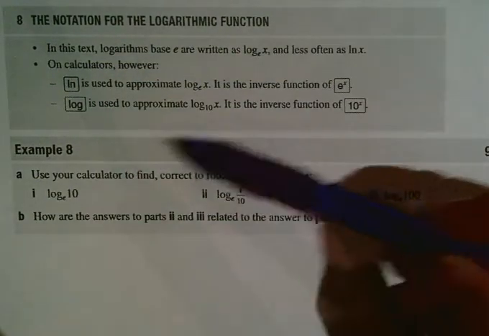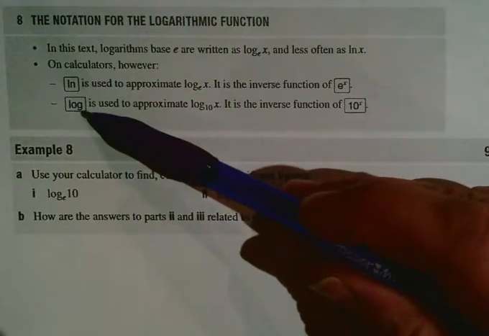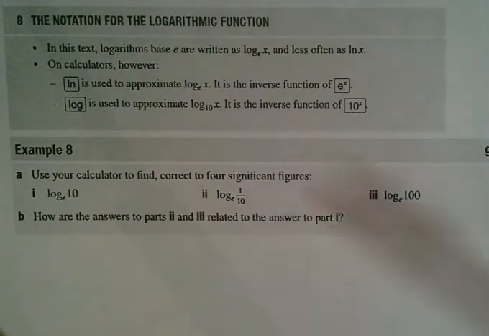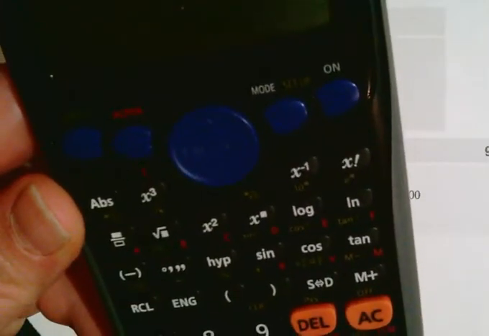Now if you see the log function on your calculator, it is log to the base 10 of x, and its inverse function is 10 to the power of x, which is why this log has 10 to the power of x on top, and this ln has e to the power of x on top of it.